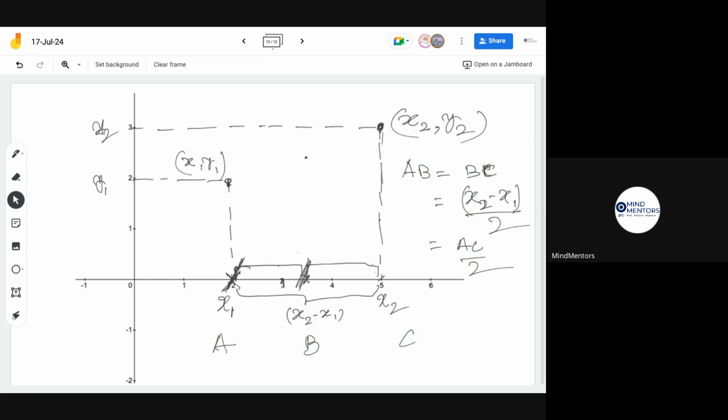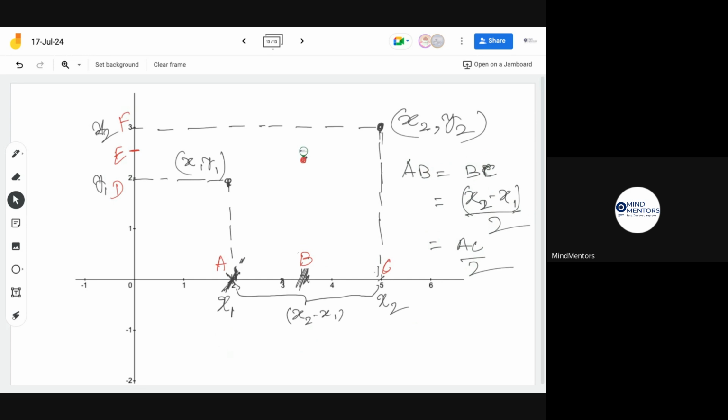Do you understand this point? This is point number A. Look at it carefully, okay? This is point number A, this is point number B, and this is point number C. The midpoint on the x-axis is B, and assuming the midpoint on the y-axis is D, let's say D, E, F, and therefore, this point is the midpoint.